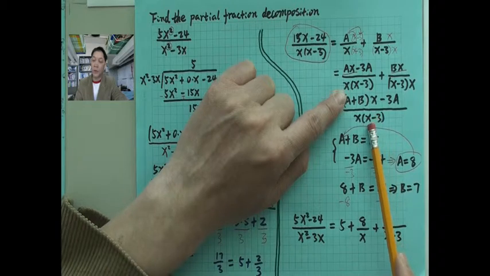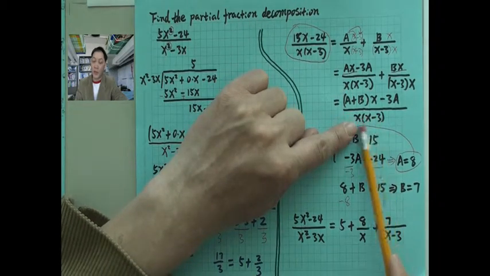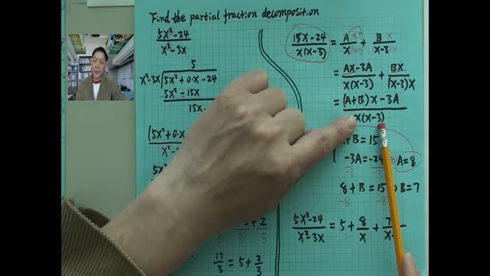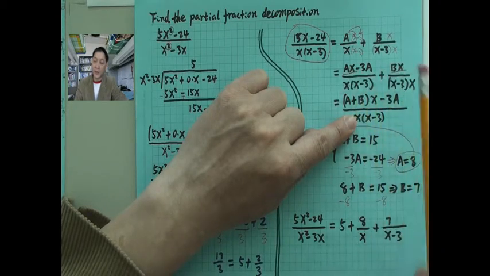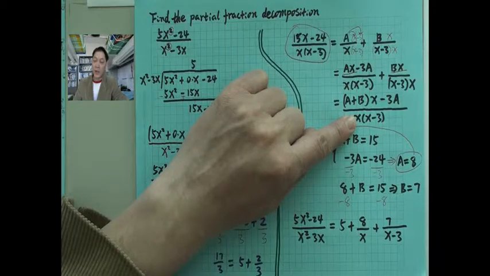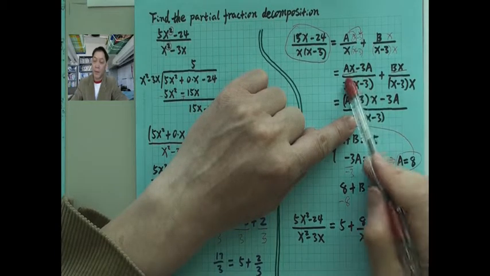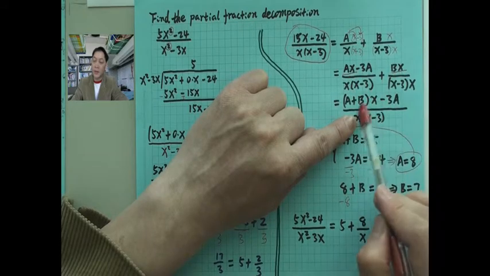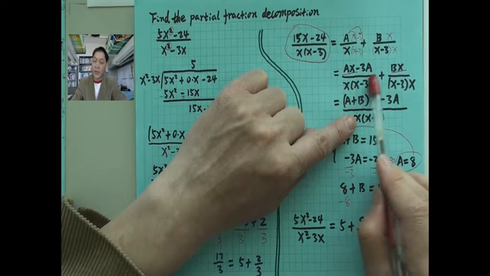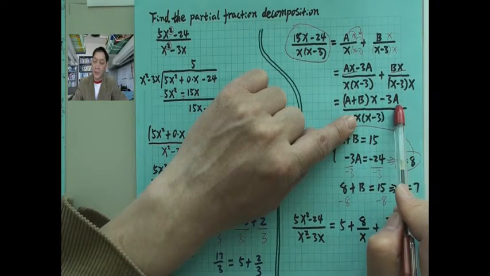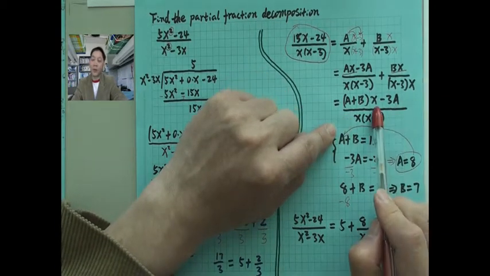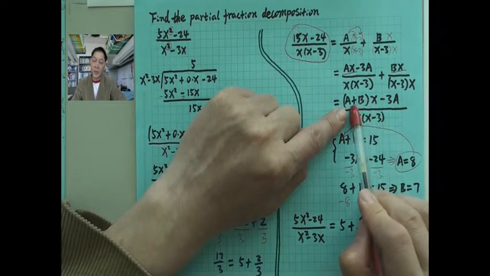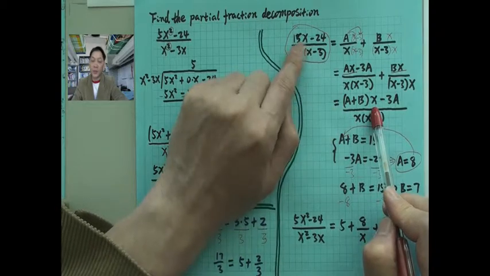So you don't need to do anything with the denominator since they are the same. And for the numerator, you just need to add. You can see right here, you have Ax and Bx. Pull x out, that's A plus B. Negative 3A, leave it alone right here. So the coefficient of x is A plus B, and here it was 15.